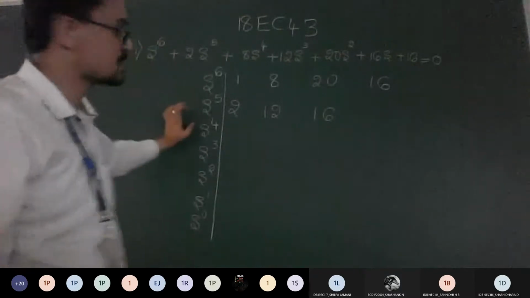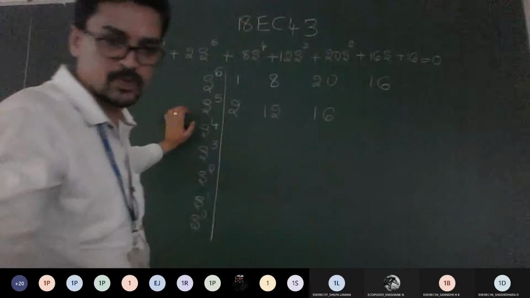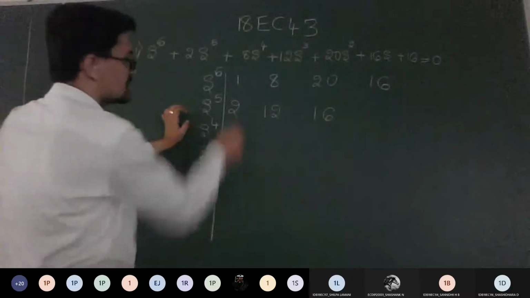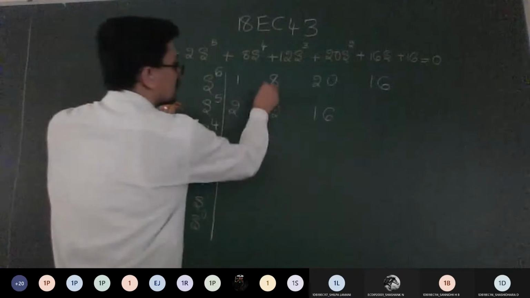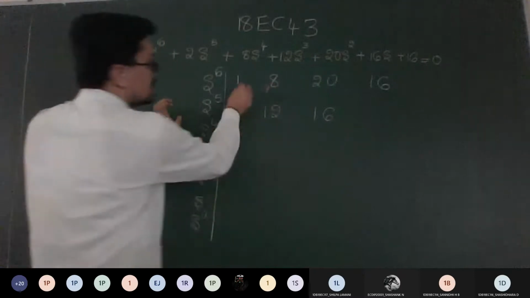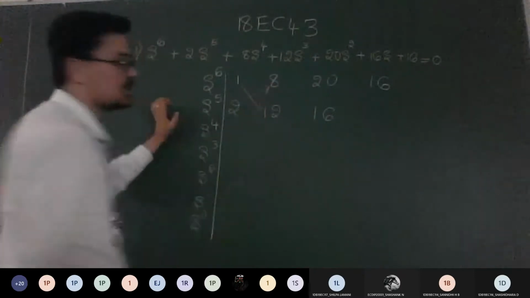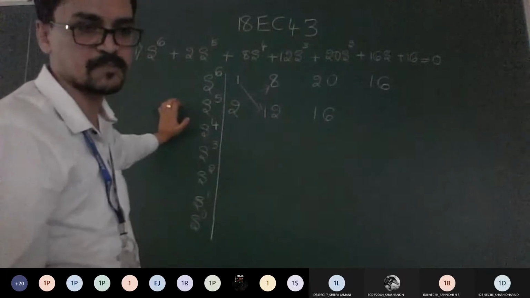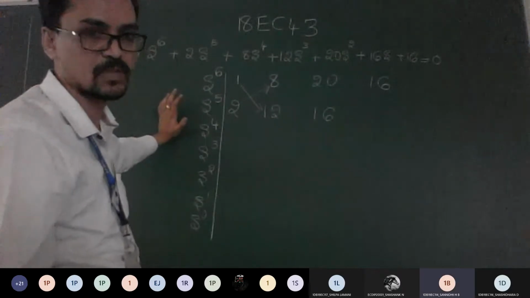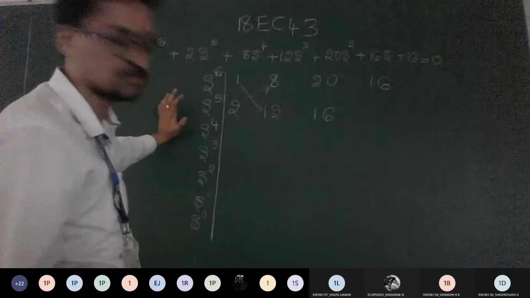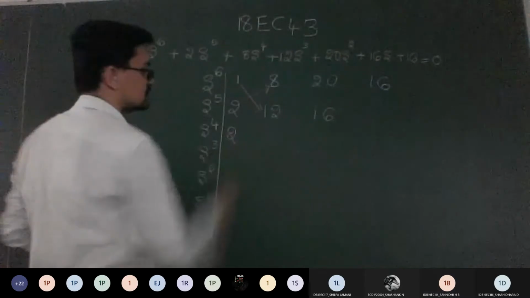Okay, good. So let's proceed. To get this new answer, what should I do? Multiply 2 into 8 minus 1 into 12, divided by 2. What's the answer? 2. You will get 2. Good, so write that new answer as 2.